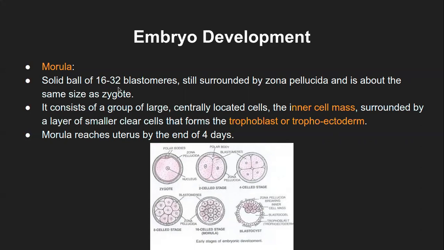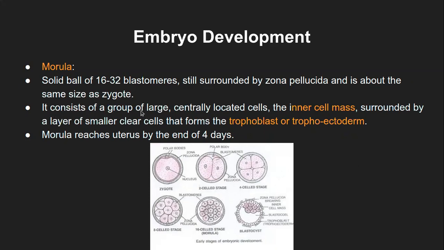All of this is still surrounded by the zona pellucida and is about the same size as the zygote. It's not exactly the same, it is a little bigger than the zygote cell, but if you have to compare, you can call it almost similar in size.